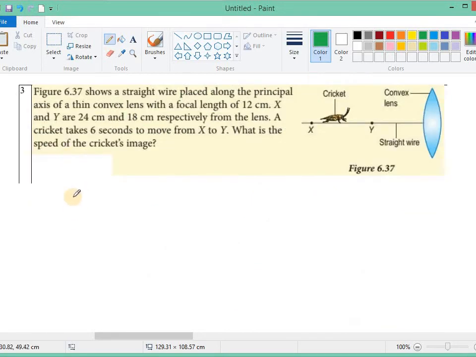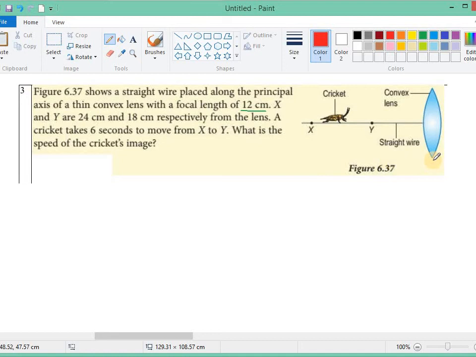Okay, next, figure 6.37 shows a straight wire placed along the principal axis of a thin convex lens with a focal length of 12 centimeter. X and Y are 24 centimeter and 18 centimeter respectively from the lens.